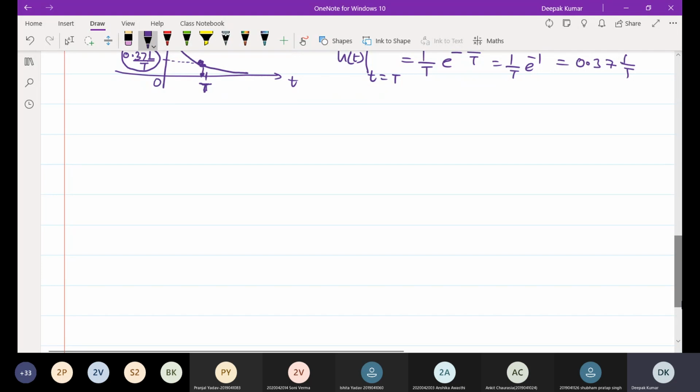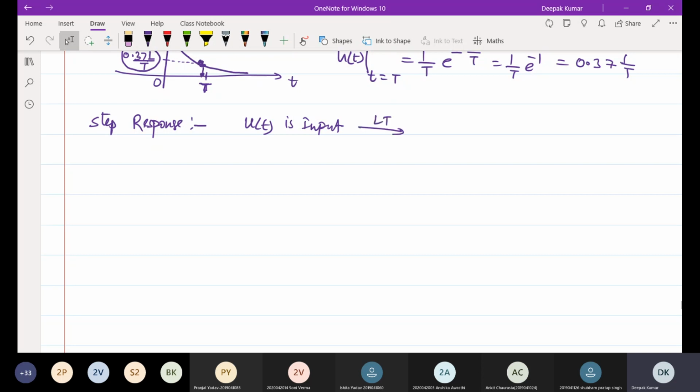Now, step response can also be obtained as step response means when u of t is input, then what will be the response? Take the Laplace transform of u of t, it will become 1 by s.